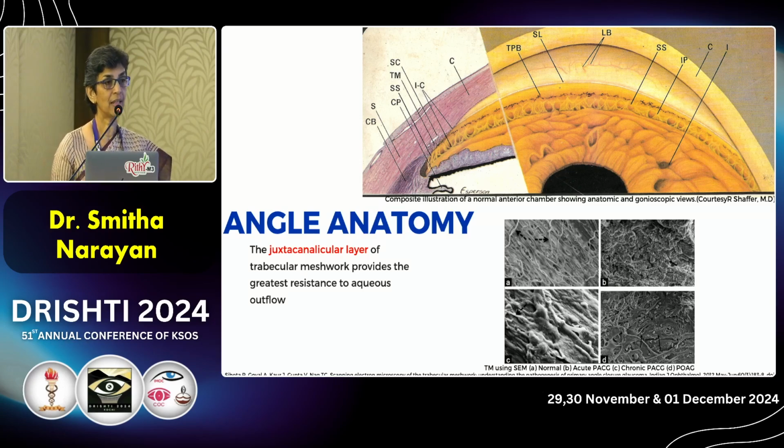So you can understand the great deal of damage, edema and resistance to the outflow of aqueous. The trabeculectomy is that filtration surgery which bypasses this diseased or damaged trabecular meshwork such that the aqueous is able to go from the anterior chamber to the subconjunctival space, where it forms a filtering bleb.